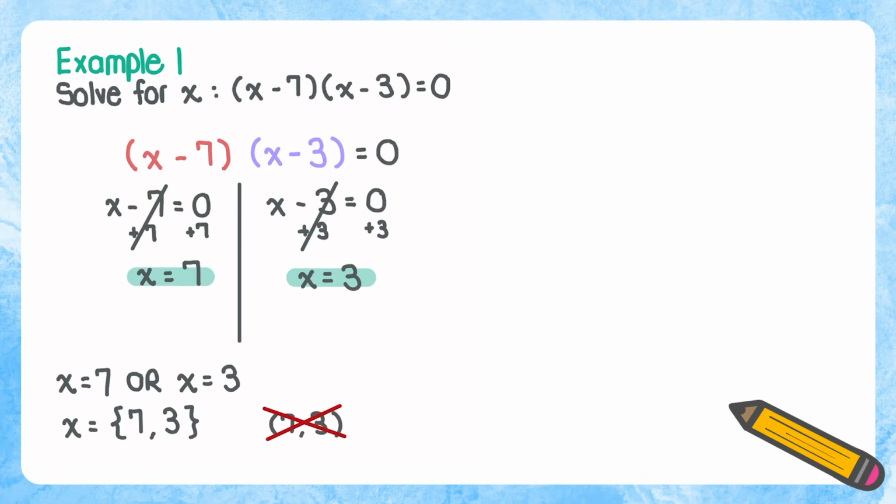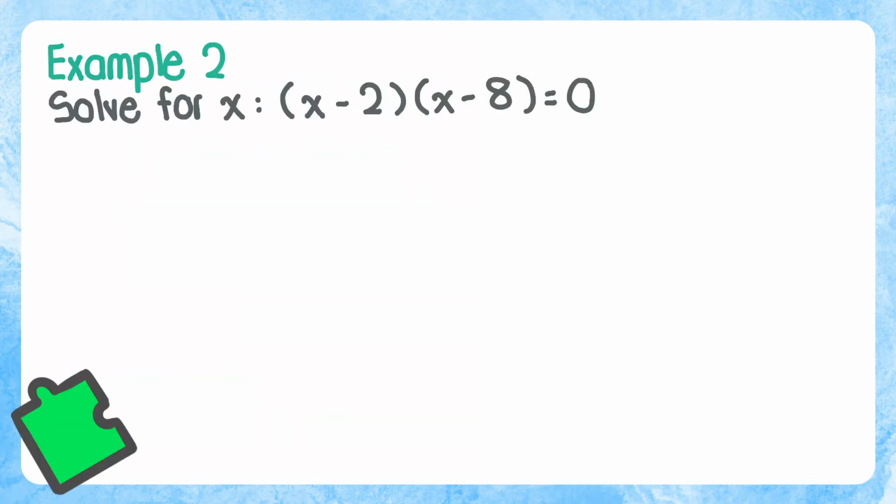So remember to use brackets, or you could just write x equals 7 or x equals 3. I actually usually write it that way. This example on Edpuzzle is very similar to what we just did together. So please go ahead and solve for x using the zero product property.